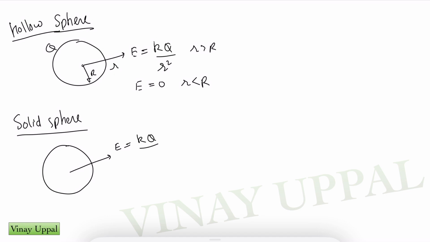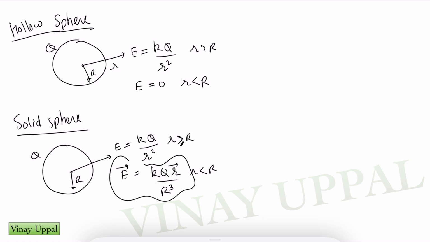the electric field outside is kq by r squared, for r greater than R, and inside is kqr by R cube. Q is the total charge, capital R is the radius. So in vector form I can write, for r less than R, here you can put an equality sign anywhere, it doesn't matter, E vector is kq r vector by R cube.